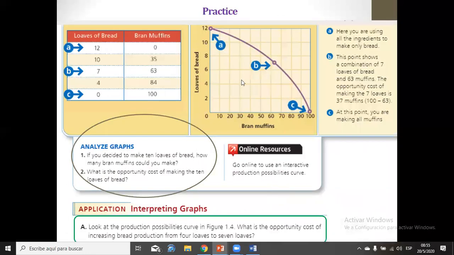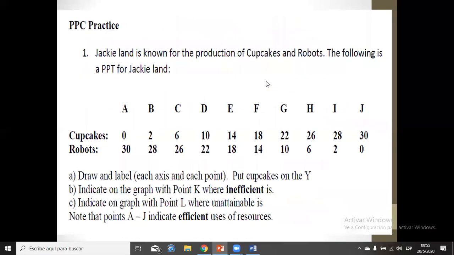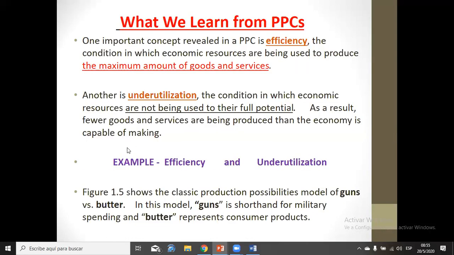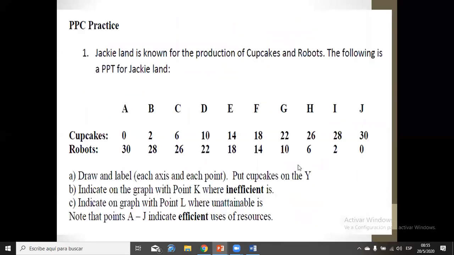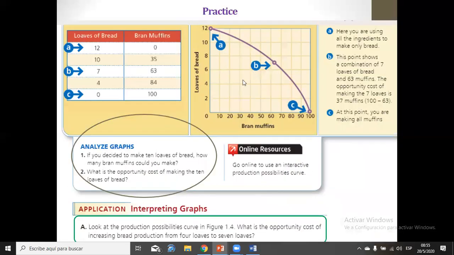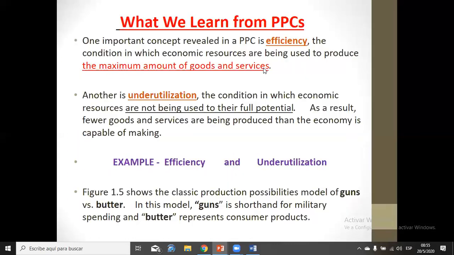So it's in this area, the inefficient area. Okay, guys, very easy. Now, example, efficient and underutilization. Over here, I was supposed to place a picture. But anyway, I just explained what is efficient and what is underutilization. Underutilization is over here in this area, or inefficiency, okay?